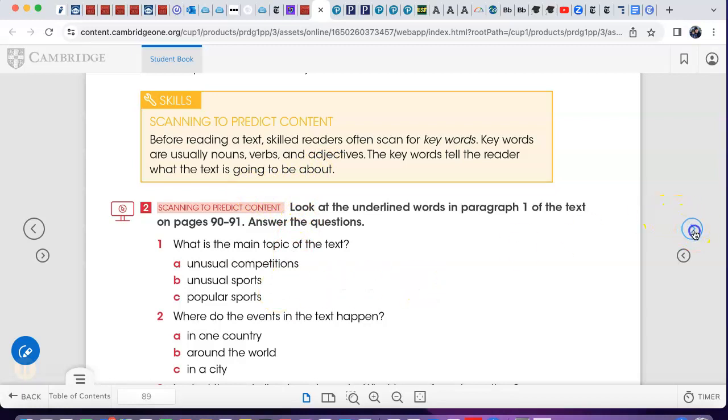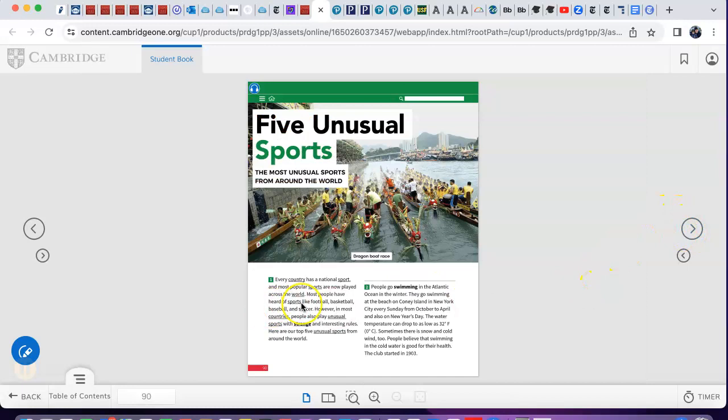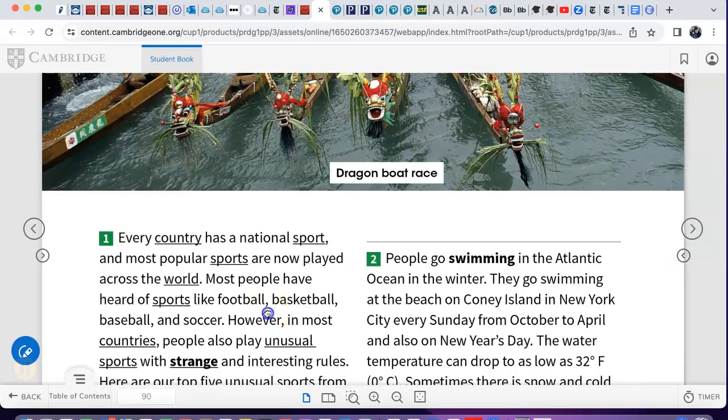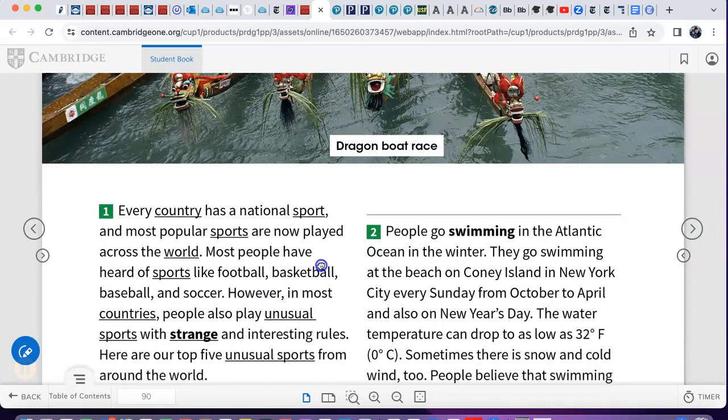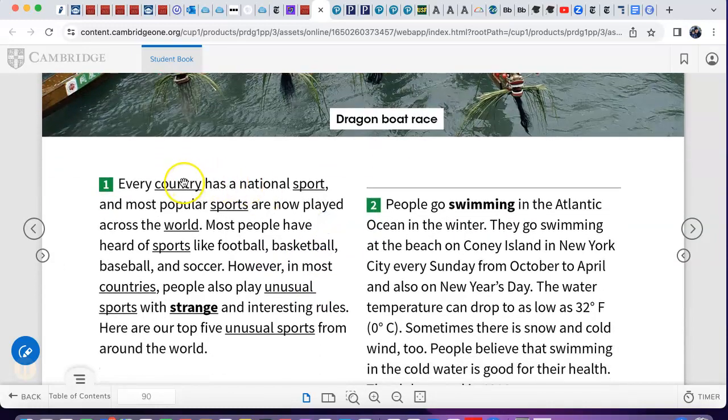So if we take a look at page 90, and focusing on paragraph 1 there, you can see it. We have the nouns, like country or sport, sports, world, sports. We have some adjectives, such as strange.